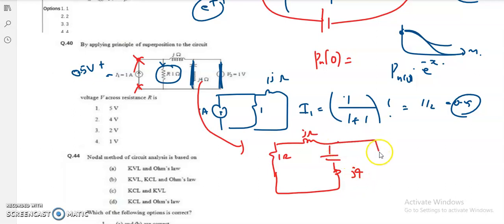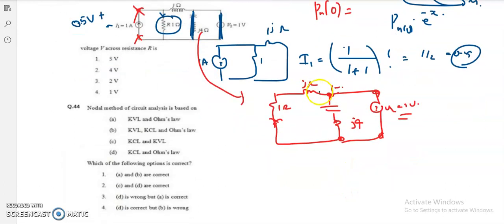The capacitor value is not given, and V2 is equal to 1 volt. So now I have to find the voltage across this one. From here to here, how much voltage is there? 1 volt. So from here to here also, how much voltage? 1 volt.